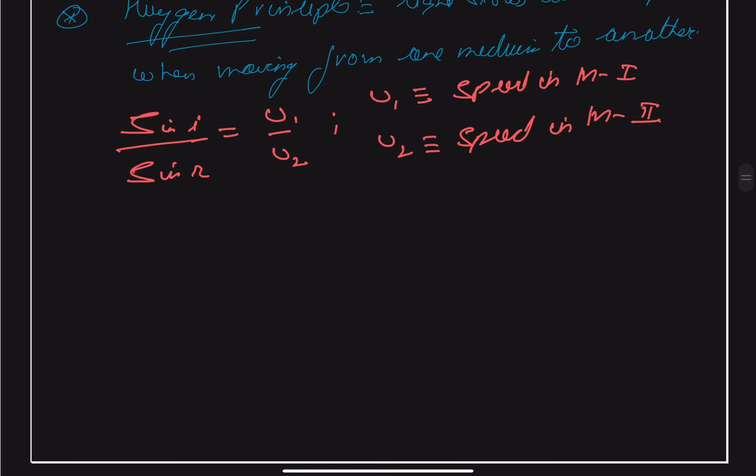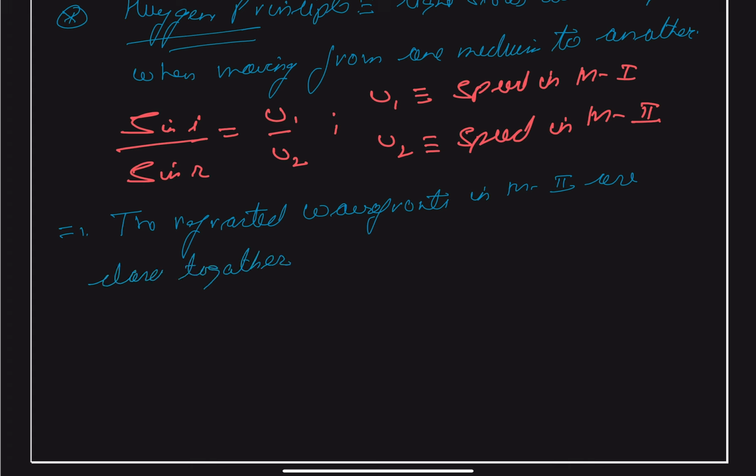So we can say that the refracted wavefronts in medium 2 are close together, which means shorter wavelength, or from here we can also say lower speed.